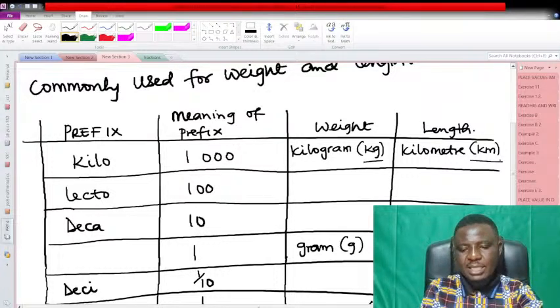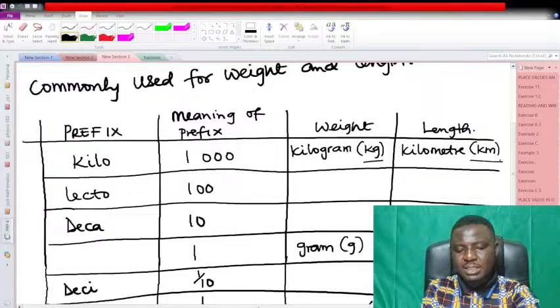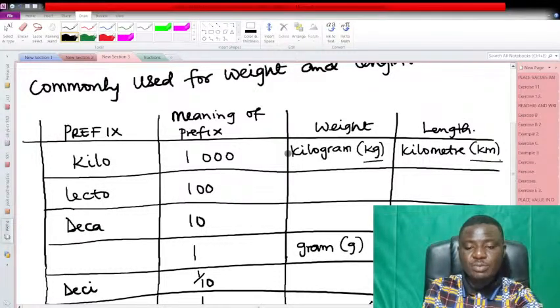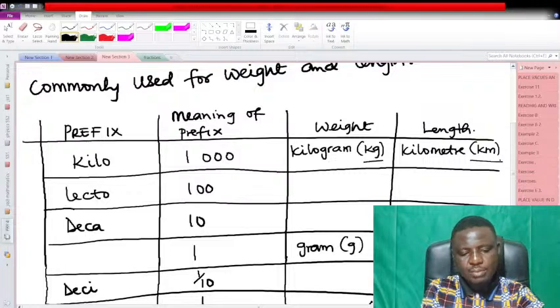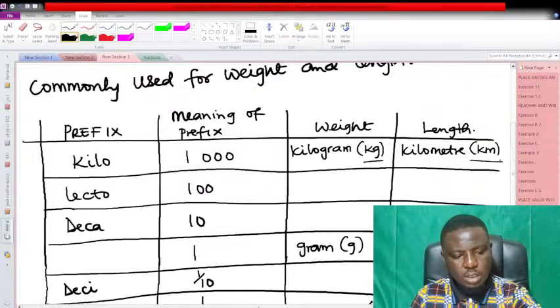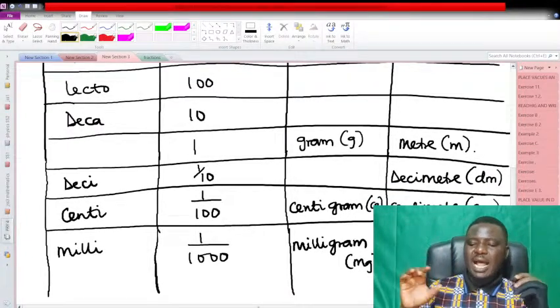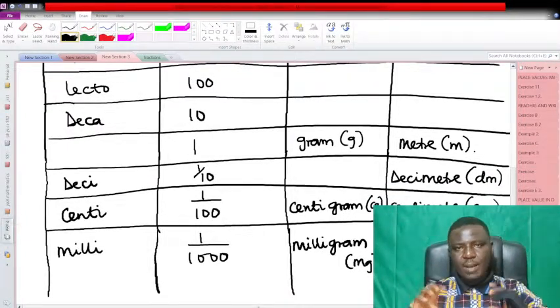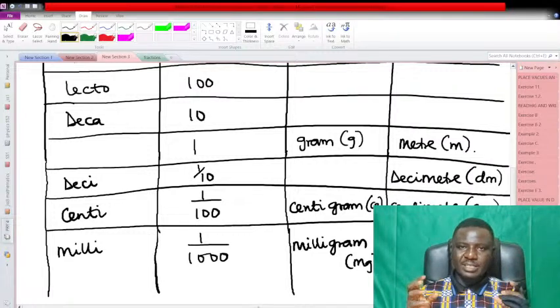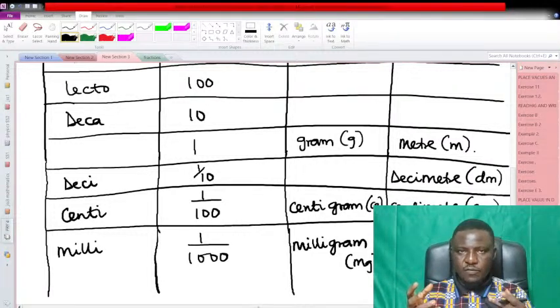That's why I said kilogram is 1,000 times the gram, 100 times the gram, I beg your pardon, and 100 times the meters. Now, looking at the smaller part of it, we now have the decimals, the fractional part.